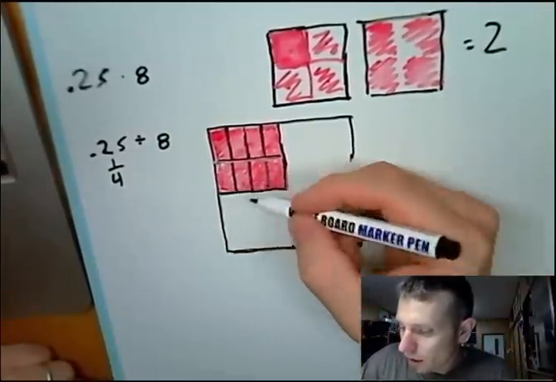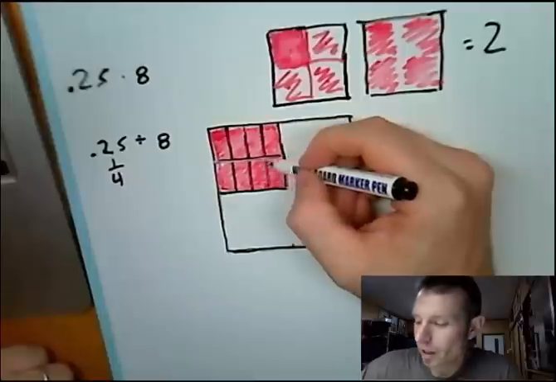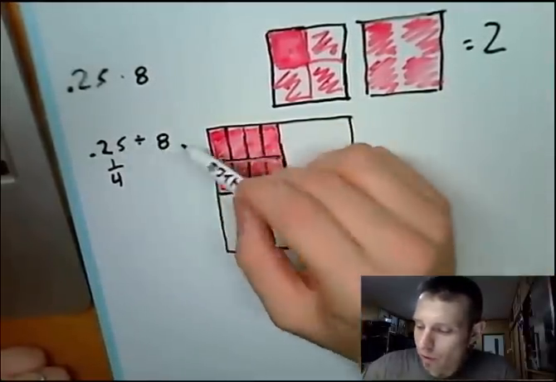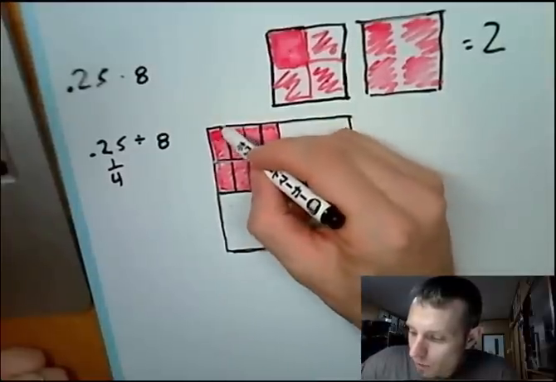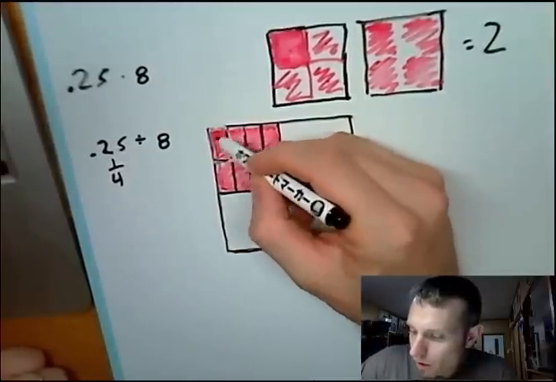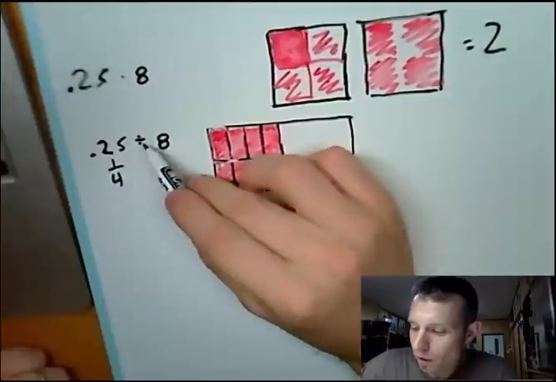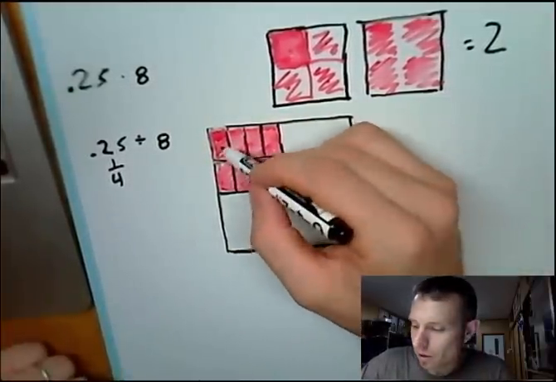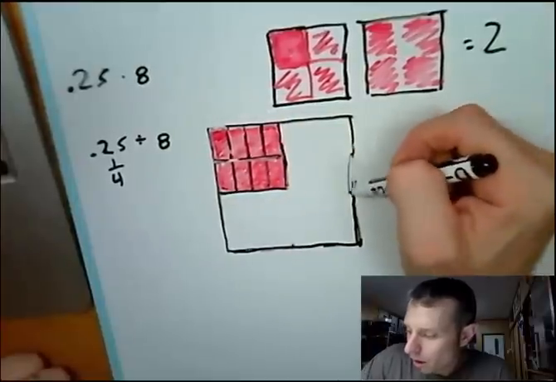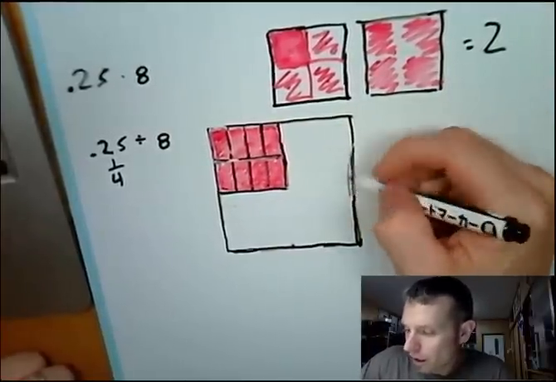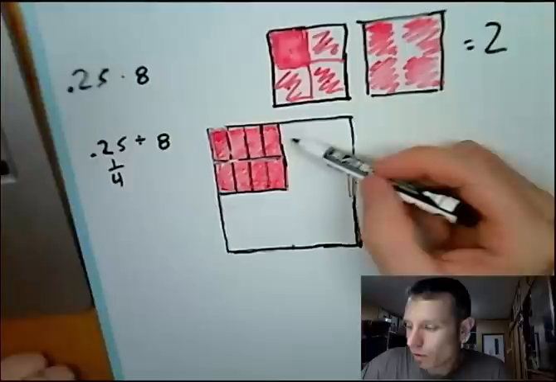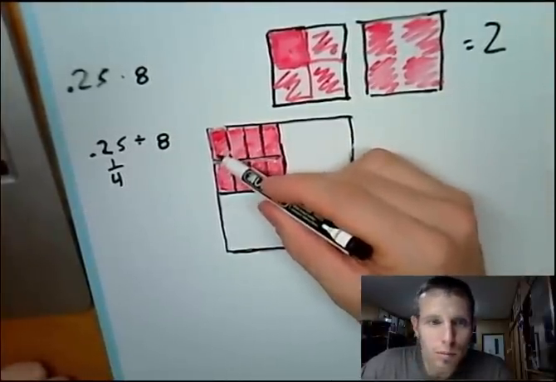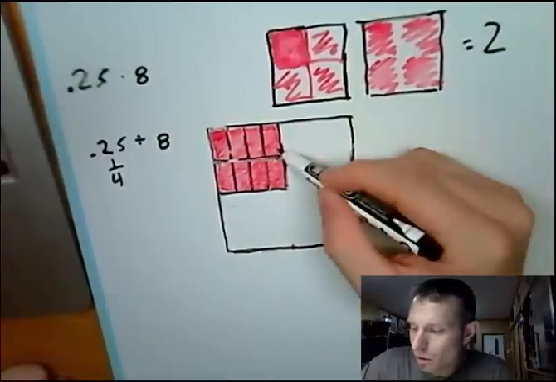Okay, and so we've taken this 0.25 and we've divided it into 8 equal sections, and 0.25 divided by 8, if you look, is going to be this one unit right here. We can see that this 1 unit is actually, you can do the math or estimate this, 1, 2, 3, 4, 5, 6, 7, and so on. And there will be 32 of these little brick-size units in this square.